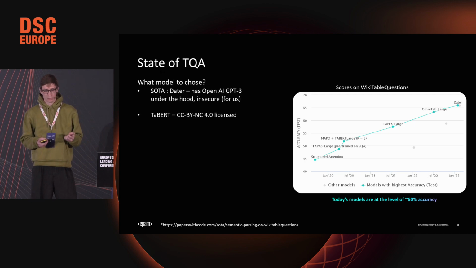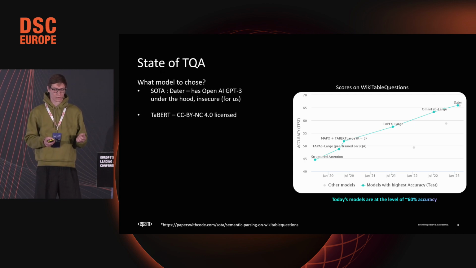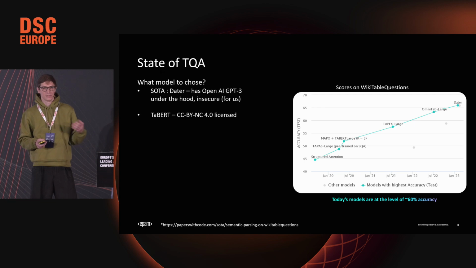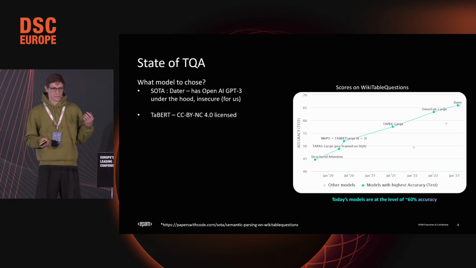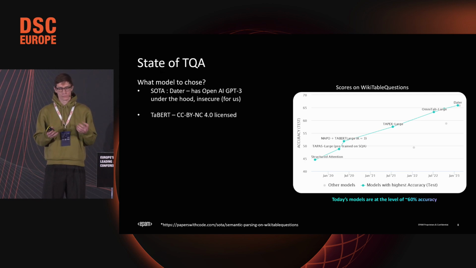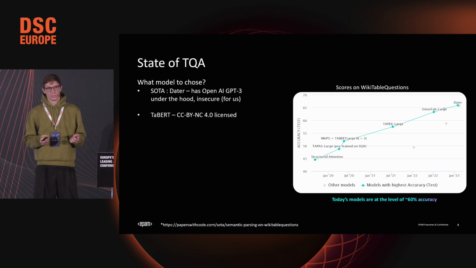Here we have a plot with scores on the WikiTableQuestions dataset and quite a few models in the list. First of all, we can see here that even the most powerful, most capable models achieve about 60 to 65% accuracy on that dataset.